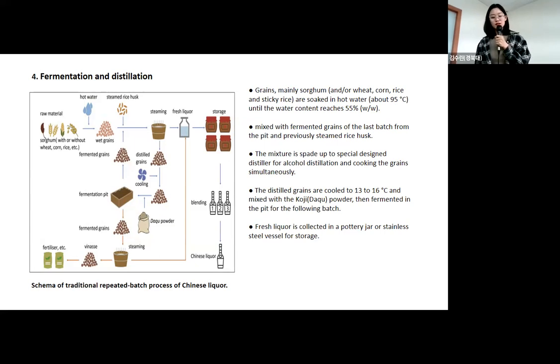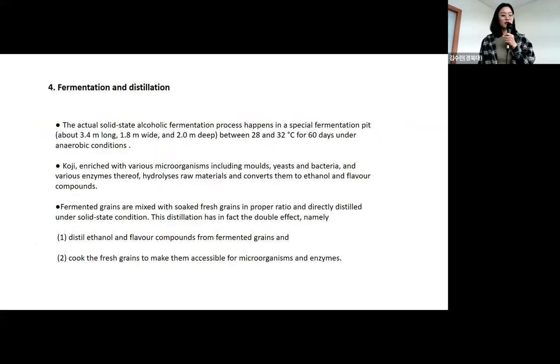Fresh liqueur is collected in pottery jar or stainless steel vessel for storage. The actual solid state alcoholic fermentation process happens in a special fermentation pit, about 3.4 meters long, 1.8 meters wide, and 2 meters deep, between 28 and 32 degrees for 60 days under anaerobic conditions.